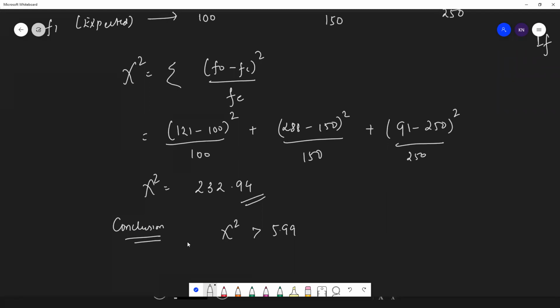So here you can conclude that the distribution of age has got changed. Clear? Good problem statement, easy problem statement.